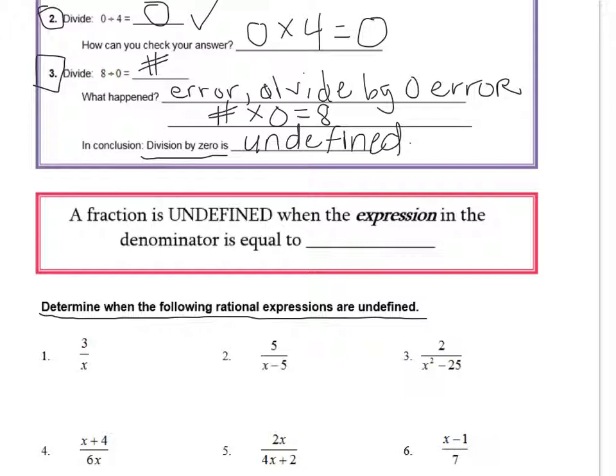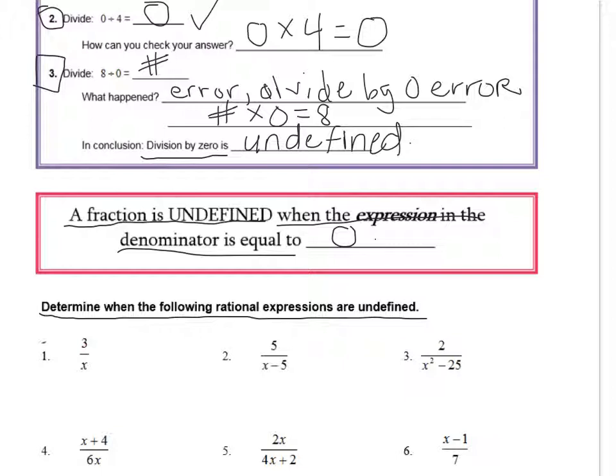In other words, you're looking for the value of x that will make the bottom equal to 0. It doesn't matter what's in the numerator or the top of the fraction. You're trying to make the bottom of the fraction equal 0 in order for the fraction to be undefined. So again, a fraction is undefined when the expression in the denominator is equal to 0.